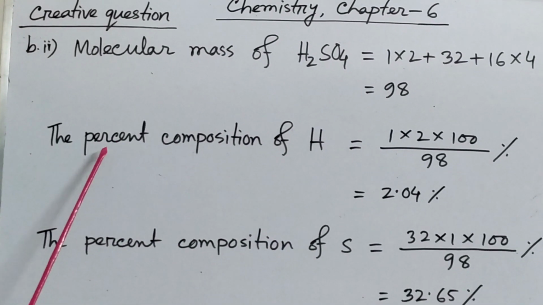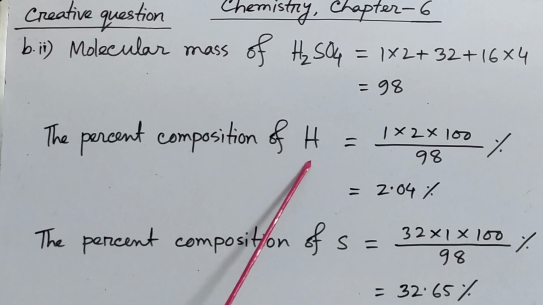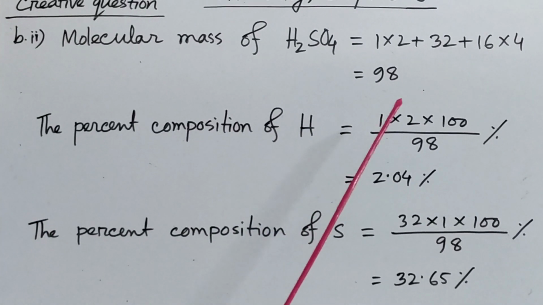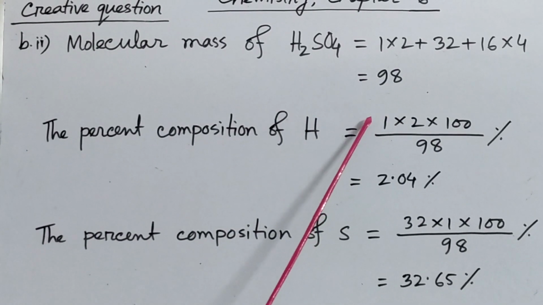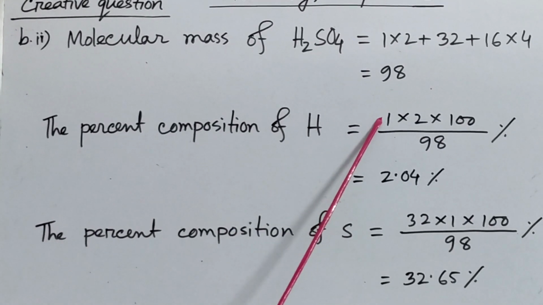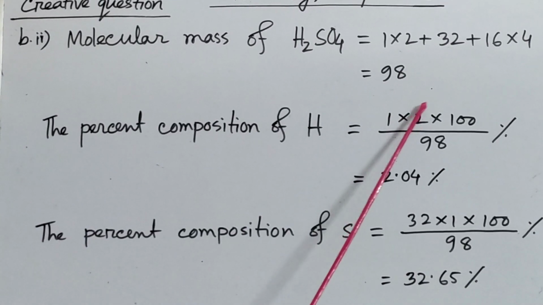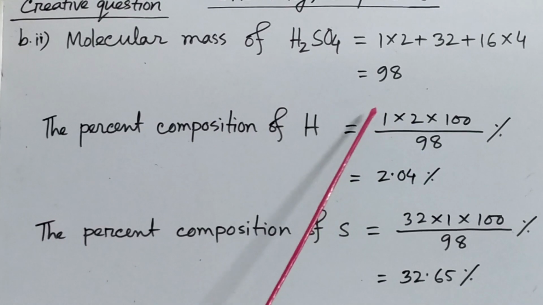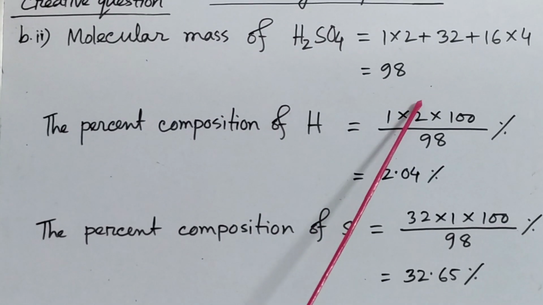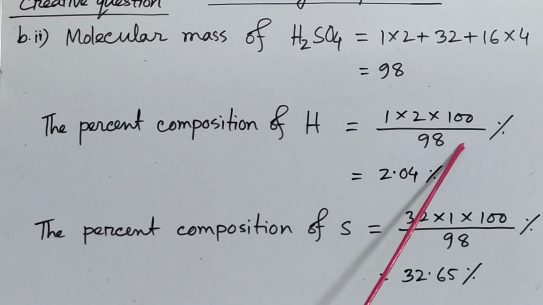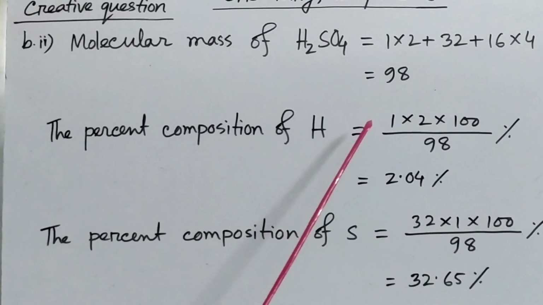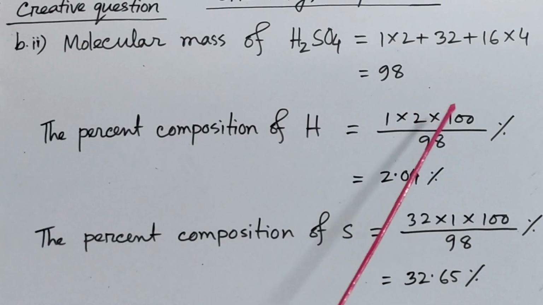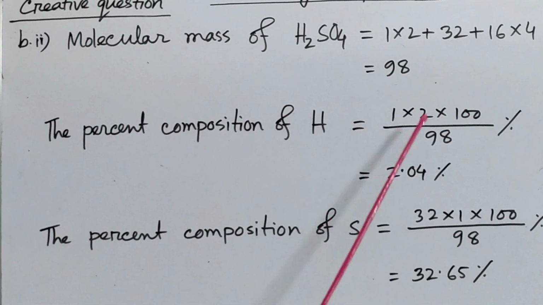Now we have to find out the percent composition of hydrogen, sulfur and oxygen. First one, hydrogen. There is a formula to find out the percent composition: atomic mass into number of atoms into 100 divided by molecular mass, that is, divided by 98. So hydrogen atomic mass is 1, number of hydrogen 2, then 100, and the molecular mass is 98.